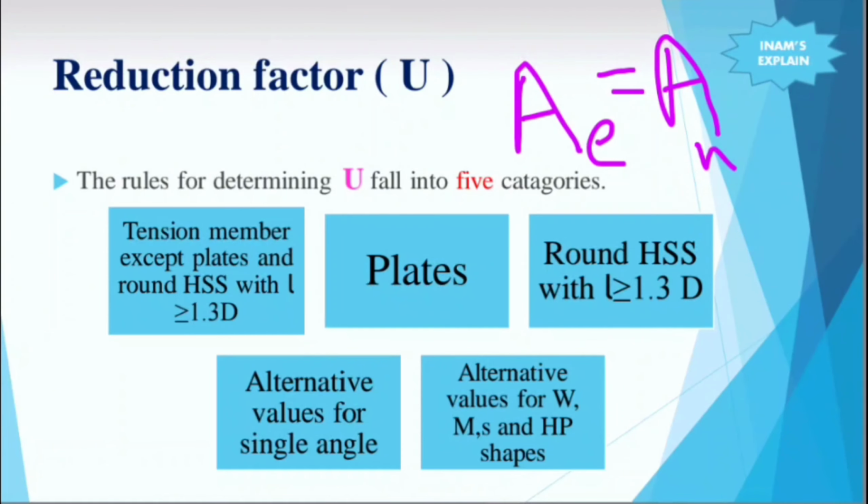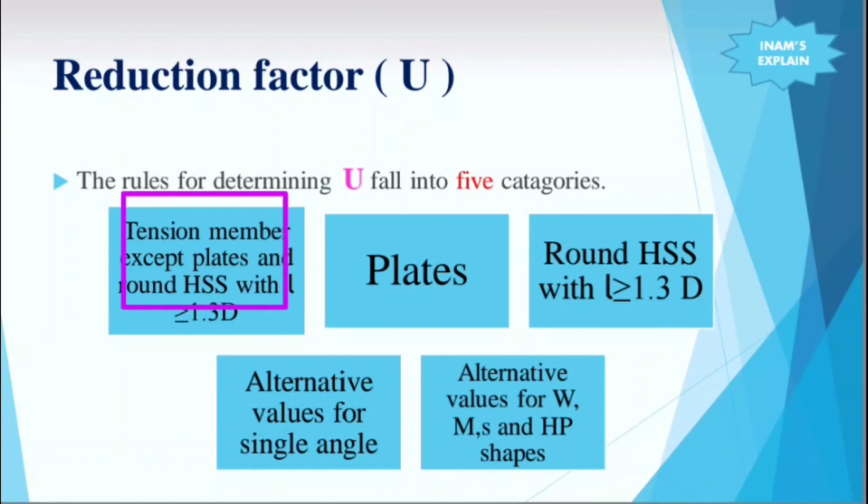For the reduction factor we have 5 categories. The first category is all tension members, remember this, except plates and round HSS, with a connection length greater than or equal to 1.3 times the diameter. This is the first category for calculation of U.